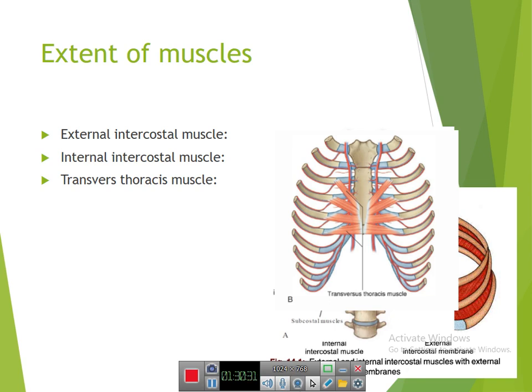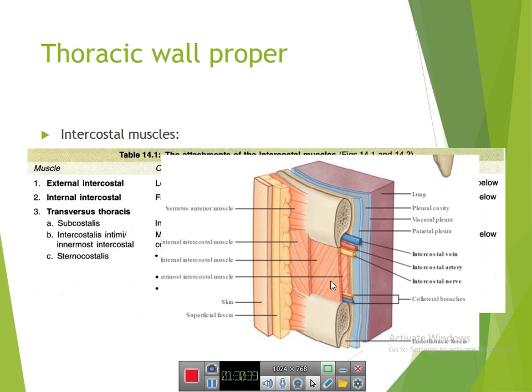For example, in the anterior part of the intercostal space, between upper and lower ribs, the fibers of the external intercostal muscle run downward, forward, and medially in front, like when you put your hands in your pockets, exactly like this. That's the external intercostal muscle.